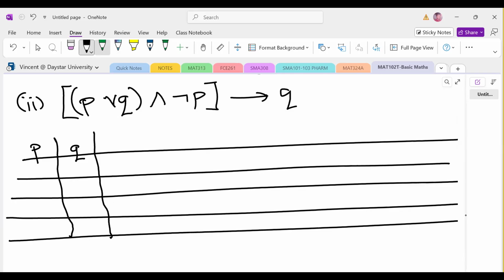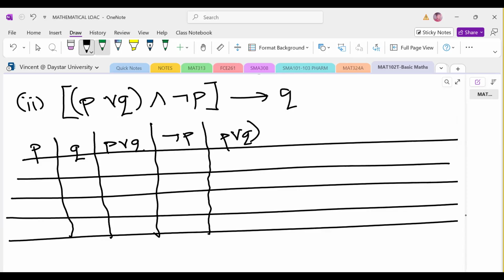P or Q, the first bracket, and then you will define not P. Remember, you cannot put the negation in one column together with something else. Not P, okay? And then the next, we define all this square bracket, P or Q, and not P. Then finally, the whole thing.